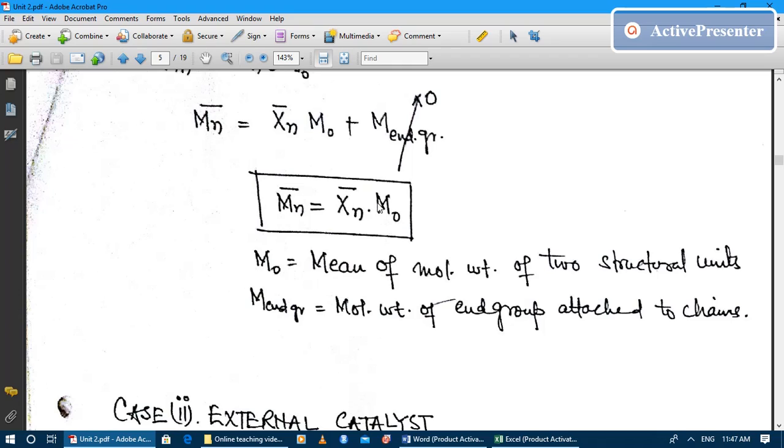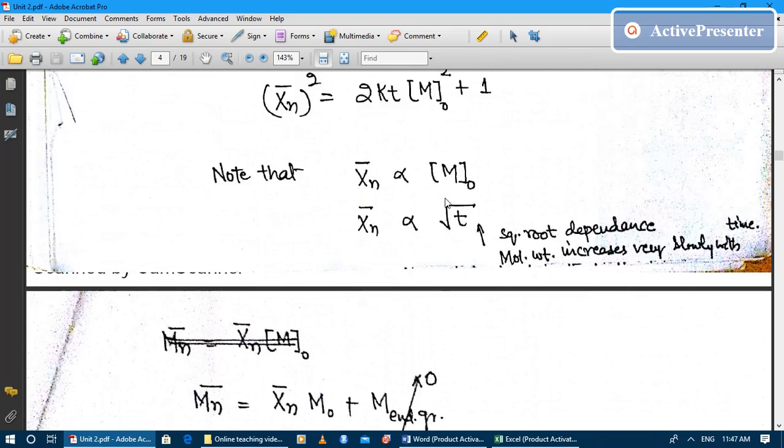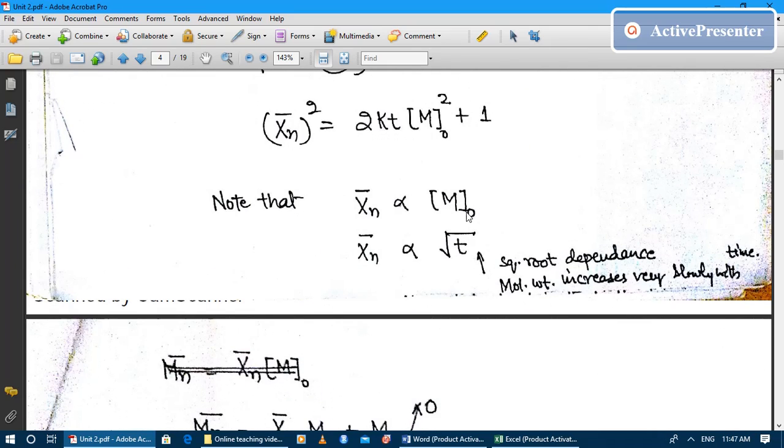Here M naught is different than concentration M naught. Here M naught means the mean molecular weight of the structural unit, whereas the other M naught is the initial concentration of monomer taken.